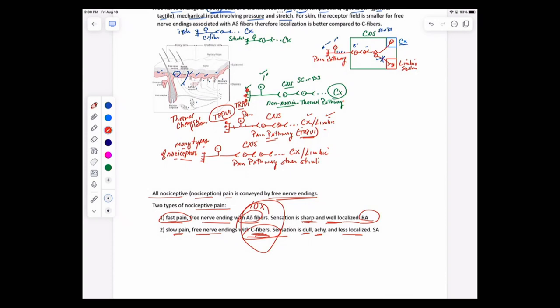You have both of them intertwined in your organs. So when something happens on some part of your skin and it is sharp in nature, it also is going to involve the C fibers and that dull aching as well.